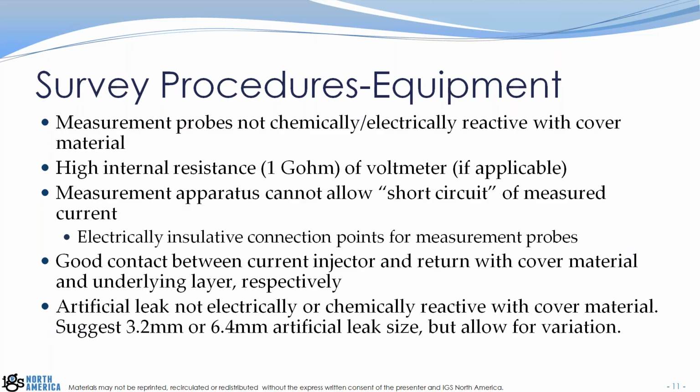I don't have the solution for every type of liquid out there, but different liquids are going to react to different materials differently. So you need to use a measurement probe that's not reactive with that liquid. That's the first thing, and I think that's one of the biggest issues with surveying in high conductivity.